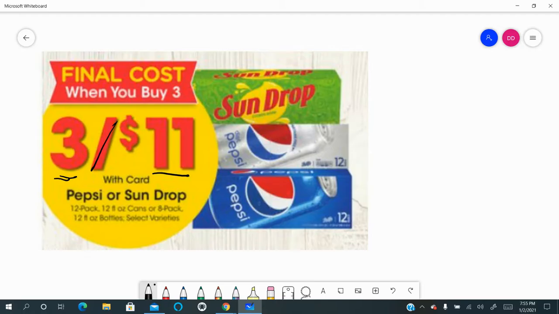But if you're calculating unit price, you put in the dollars first. $11 divided by 3 is... okay, I got a decimal, but when I'm dealing with money, I want to round it to the nearest hundredths place. That would be 3.67. $3.67 per 12 pack of drinks.